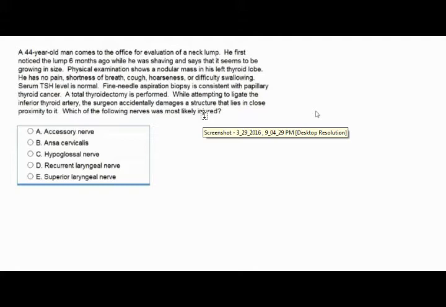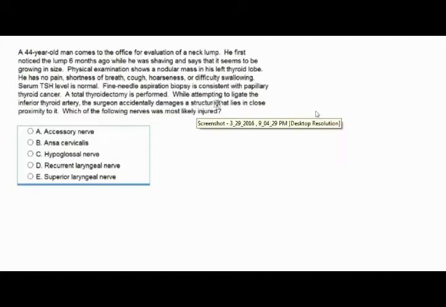My way to solve this kind of question is to start reading from the last one or two sentences and then go above. The last sentence is: which of the following nerves was most likely injured? The sentence above is: while attempting to ligate the inferior thyroid artery, the surgeon accidentally damages a structure that lies in close proximity to it.